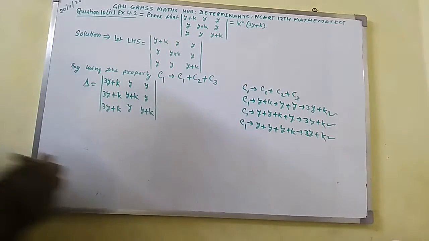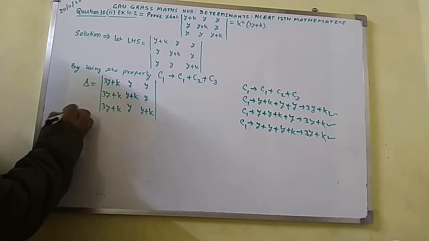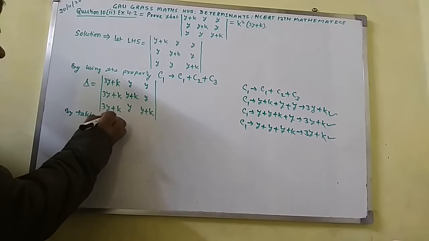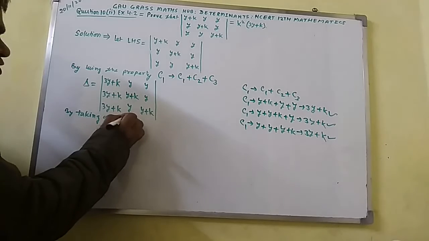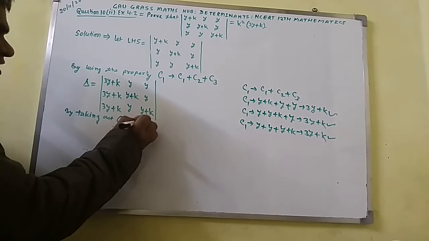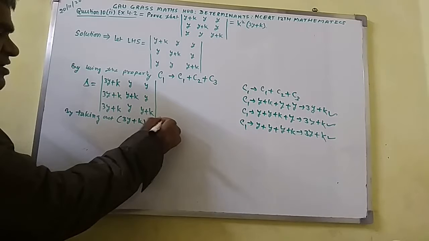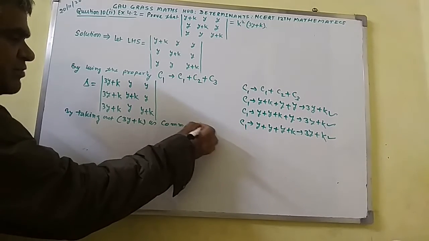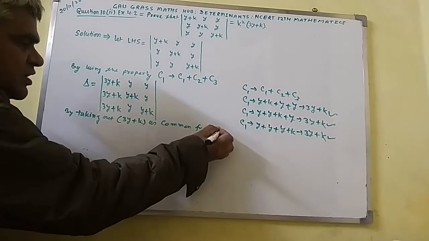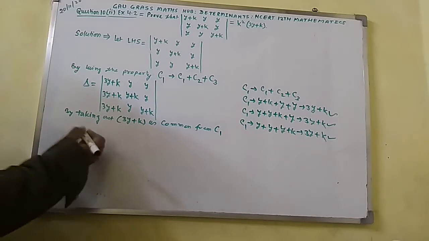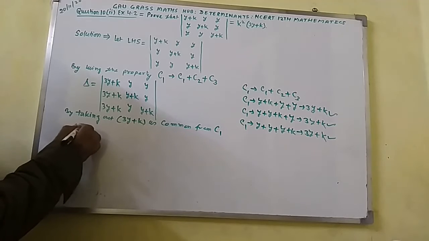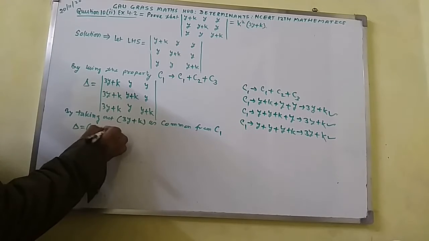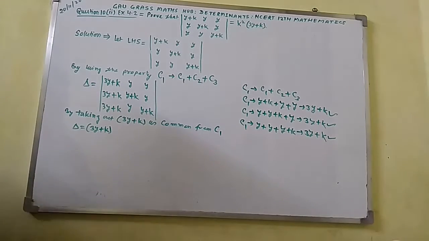So here I shall write, by taking out 3y plus k as common from C1, first column, the determinant equal to 3y plus k as a common.